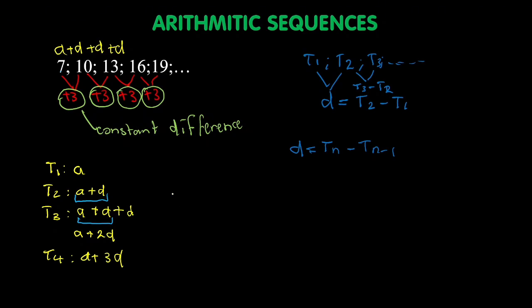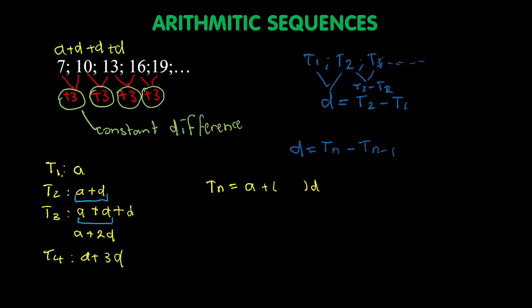Now how do we come up with the formula that will carry us into any type of arithmetic sequence? We say Tn is equal to the first term plus, and I'm going to open a bracket here, which we're going to multiply by D. So notice what I did here.